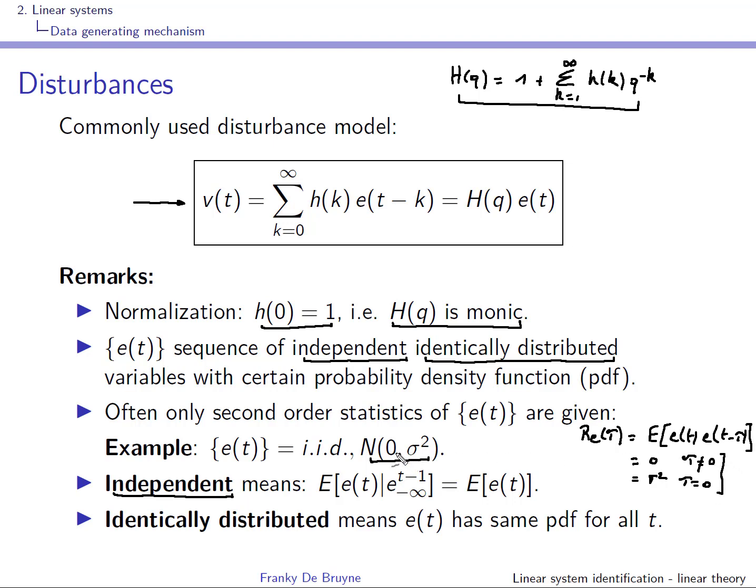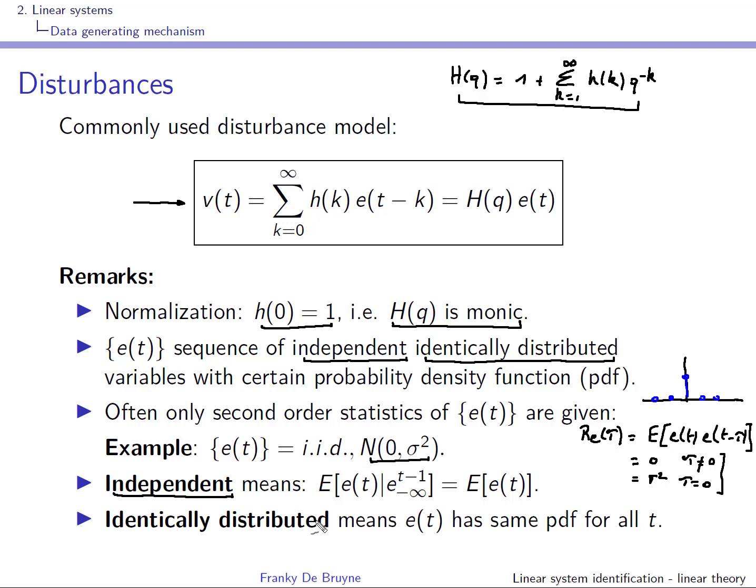Because we have a 0 mean here, so if you take the expected value of e squared, that's the variance, and the variance is sigma square. So if you would like to have a look at the correlogram, it will look like this. This is lag 0, and for all other lags the autocorrelation will be 0.